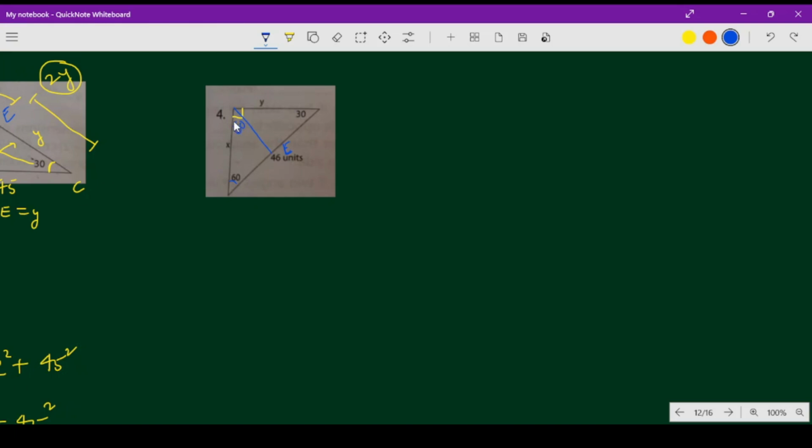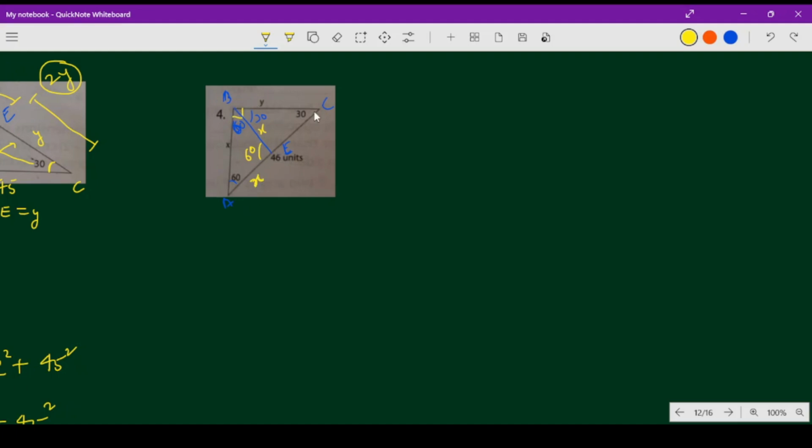So if I'm taking this as 60, this angle will be 30 degree. Now if I'm marking this as B, A and C, in this triangle PAE will be an equilateral triangle, because this 60, this 60, this 60, means this is x, this side also x, this side also x.